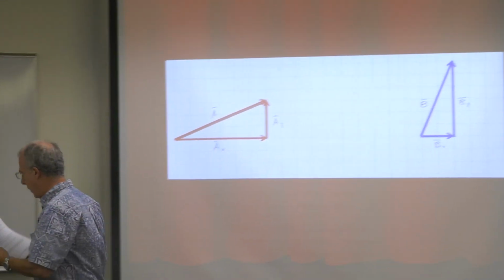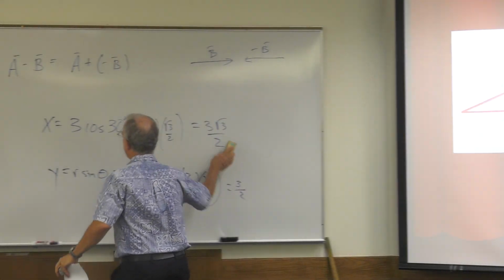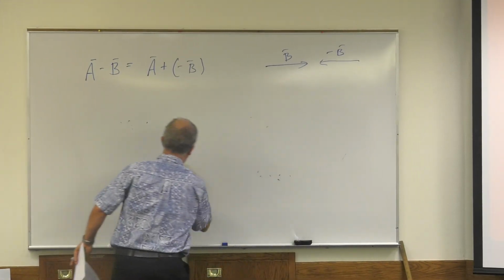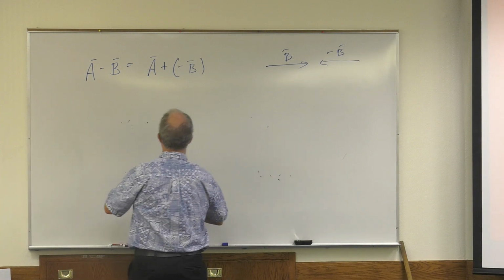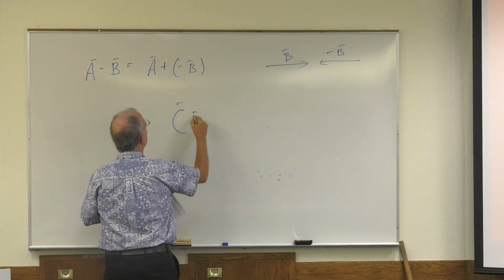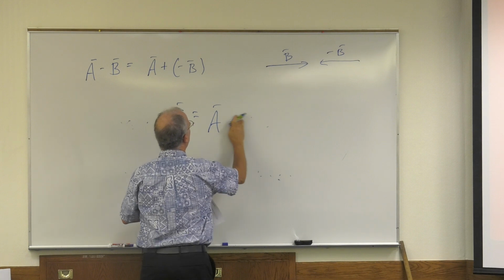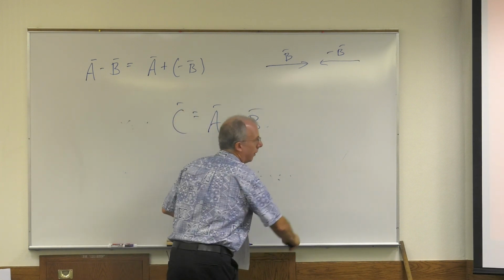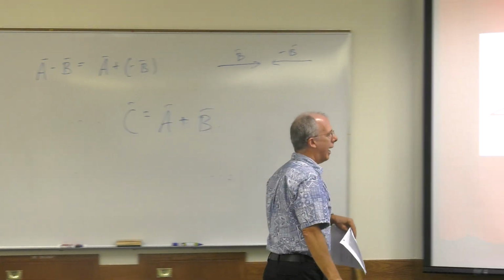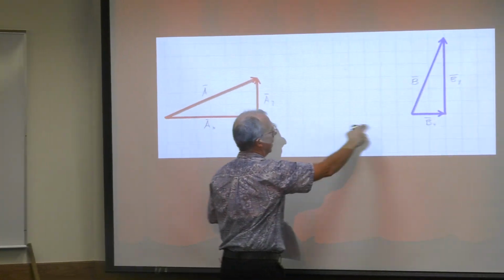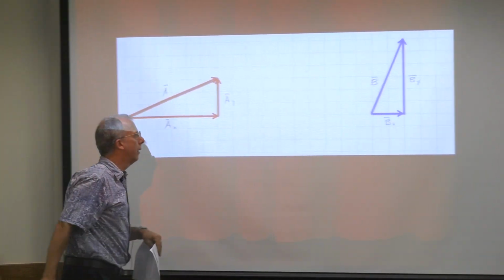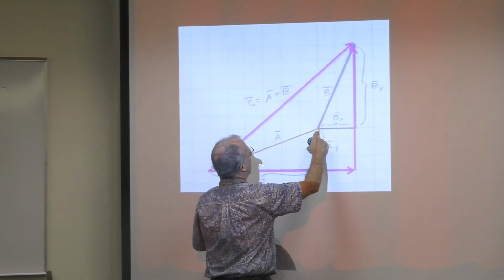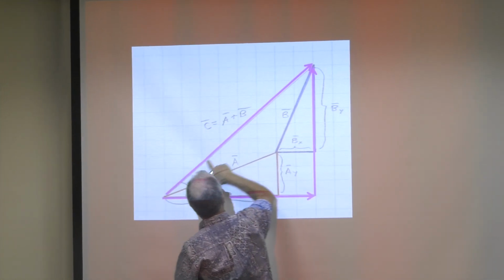Now I'm going to create a new vector, C, and I'm going to have vector C equals A plus B. So I'm going to add this to this, and I'll do it head to tail. So here's A, here's B, so this is C.